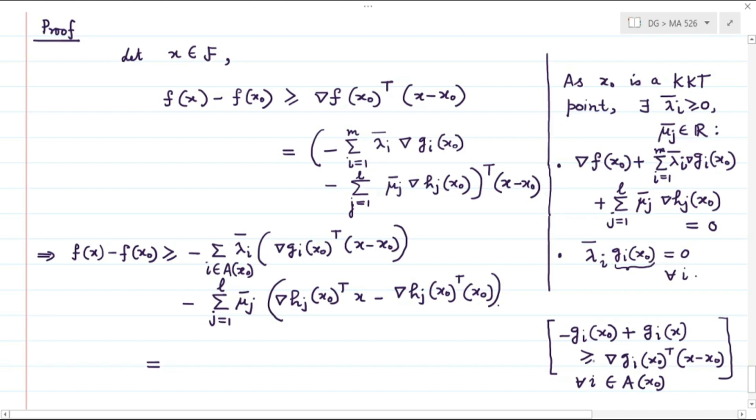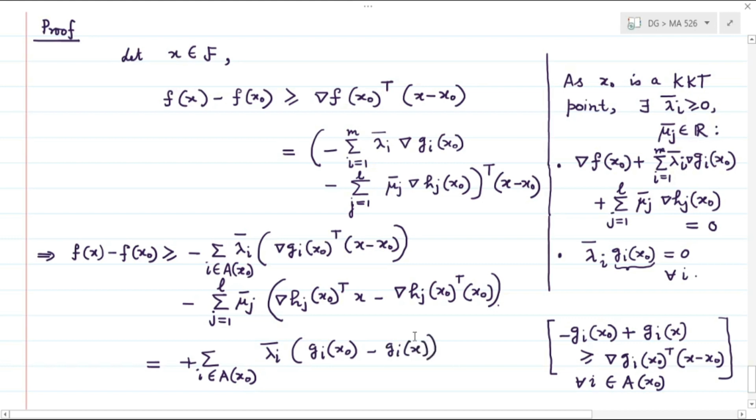And if I take negative on both sides, this inequality gets reversed, and accordingly you will have negative of the sum over i belonging to A(x naught) of lambda i bar into g_i(x naught) minus g_i(x).